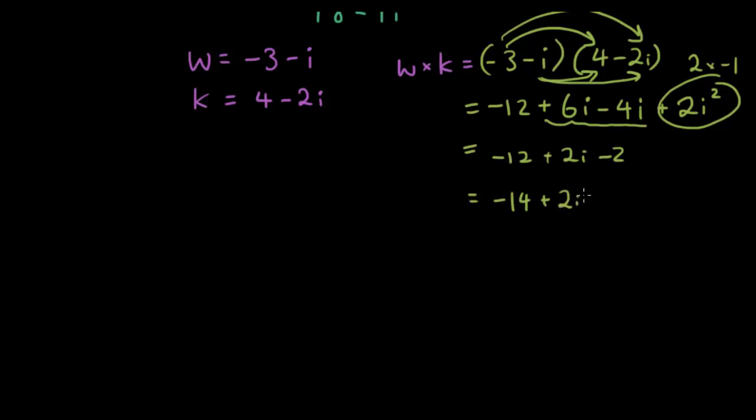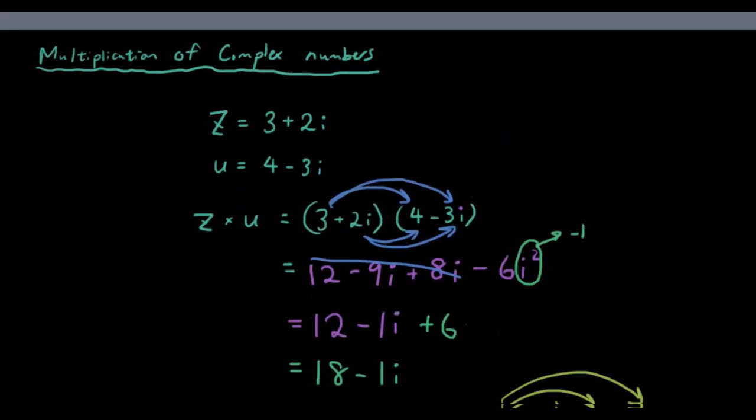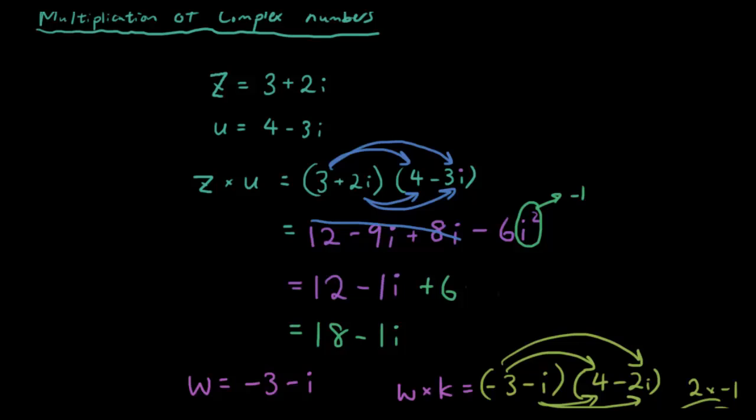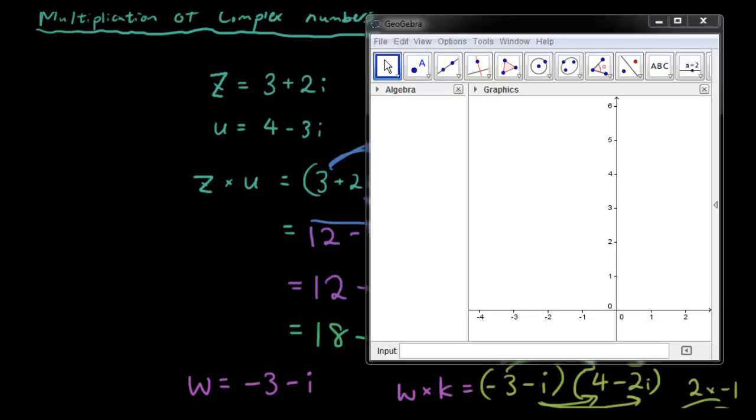Now we're going to look at what multiplication means in terms of its geometric representation. In GeoGebra, I'm going to draw 3 plus 2i.